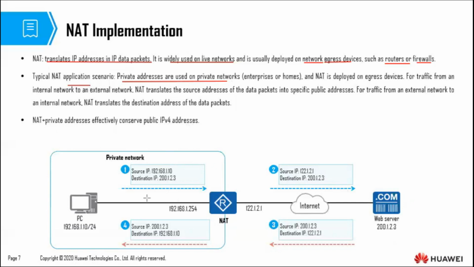Look here. This is you with your phone. You have a private IP address, 192.168.1.10. So you want to access this server on the internet that has a public address, 200.1.2.3. So when you send the packet on step number 1 here, your source IP address is going to be 192.168.1.10.